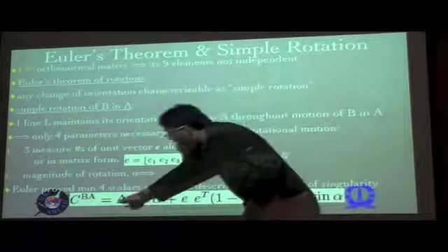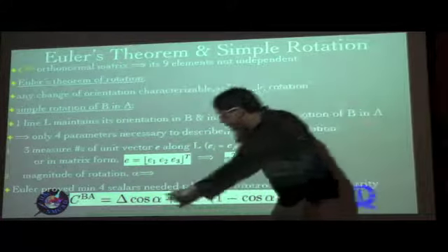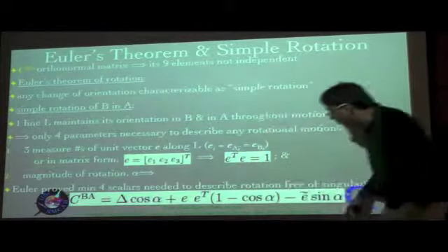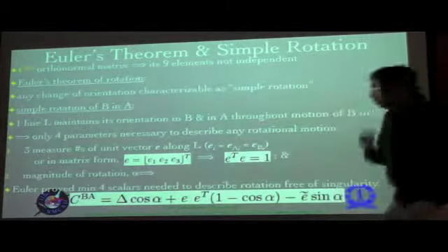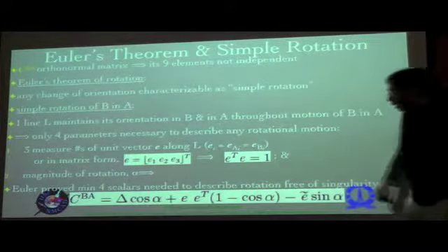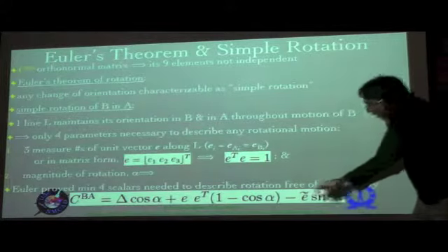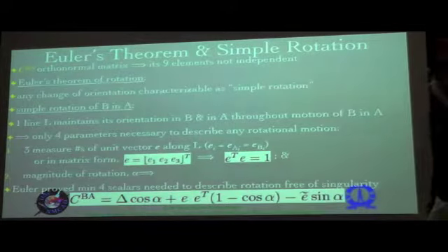Here delta is the identity matrix, a 3 by 3 identity matrix, multiplied by cosine of alpha as a scalar quantity. Then E times E transpose multiplied by 1 minus cos alpha. This will of course end up as a 3 by 3 matrix, E into E transpose, again multiplied by a scalar quantity which is a function of alpha. And finally E tilde, an antisymmetric matrix, multiplying another scalar quantity, sine alpha.